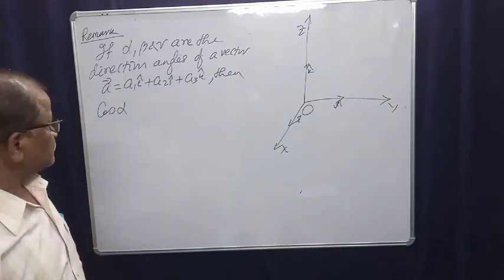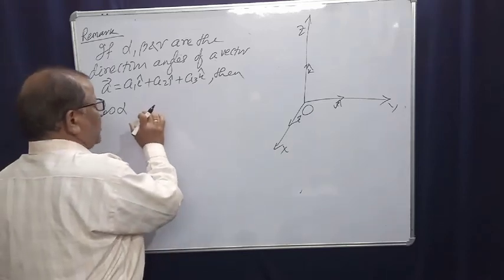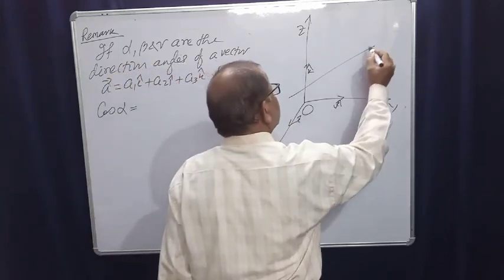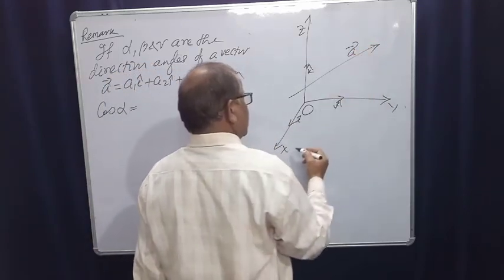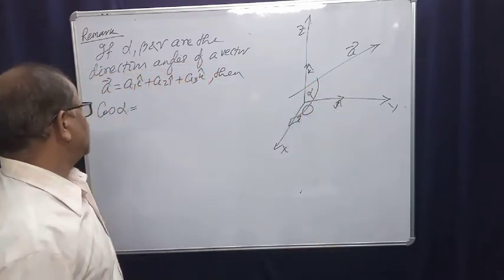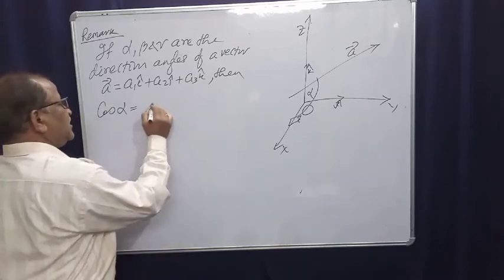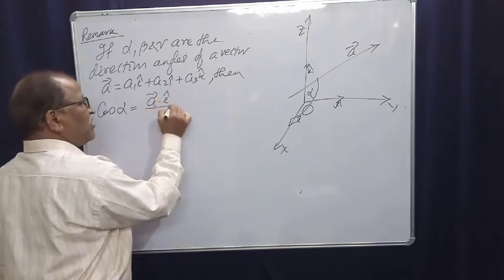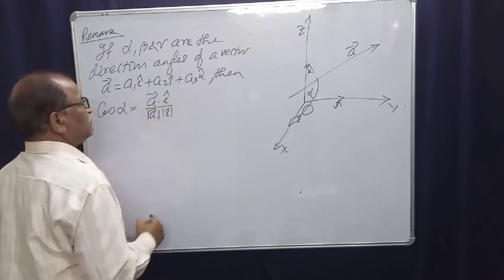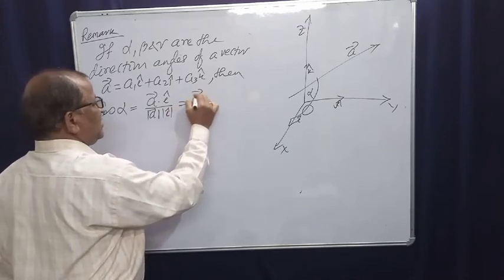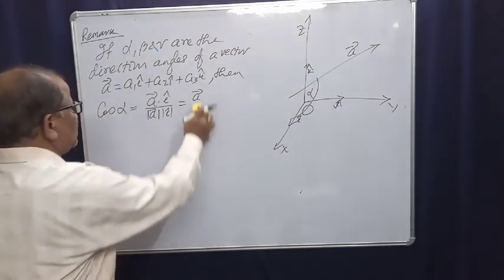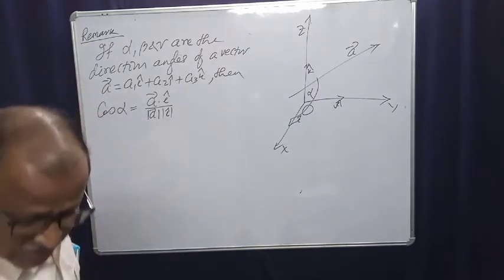Now suppose this is vector A, and suppose it makes an angle alpha with the x-axis. Then cos alpha will be A dot I cap by magnitude of A into magnitude of I cap, according to the definition of the scalar product.